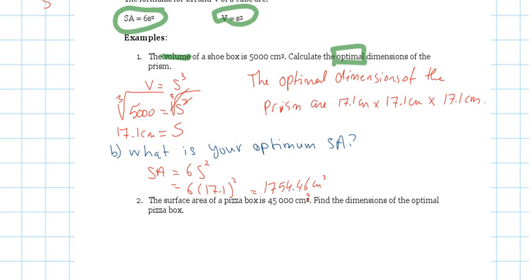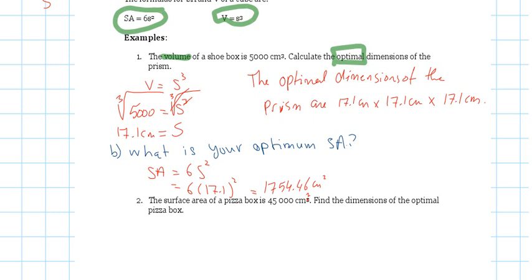A cube. Does it make sense that I form a cube pizza box? No, it doesn't make sense. But the question is asking for the optimal. We're going to have to find the optimal. Okay? It doesn't make sense. And as I said, we're going to have to answer the question even though it doesn't make sense.